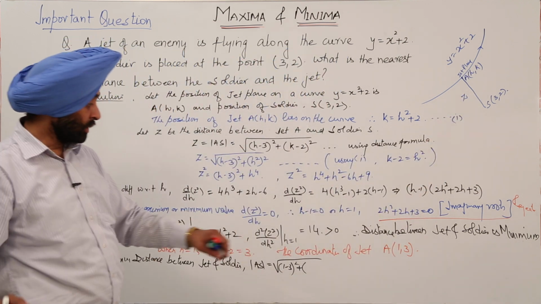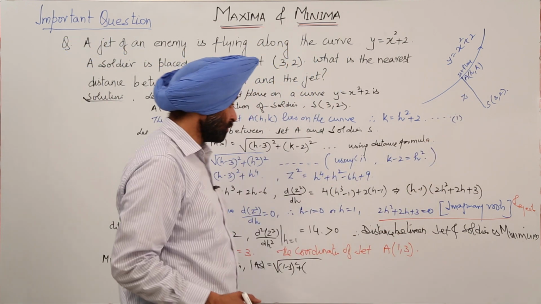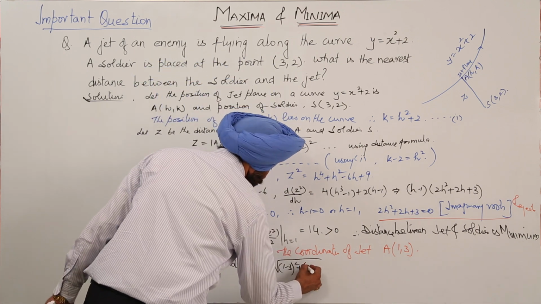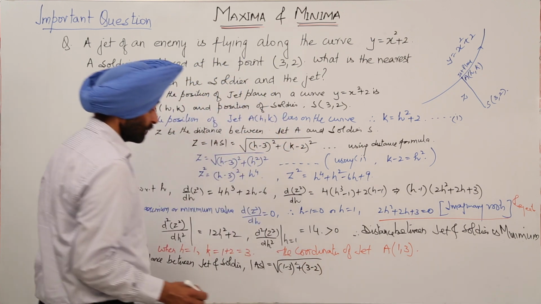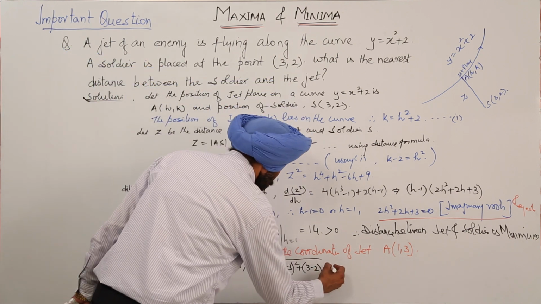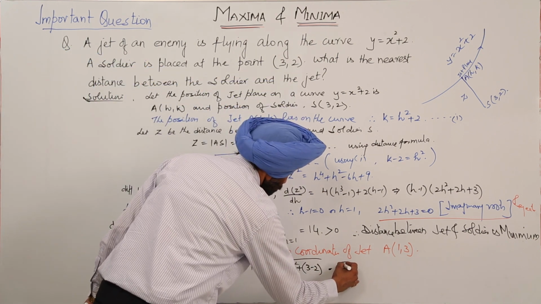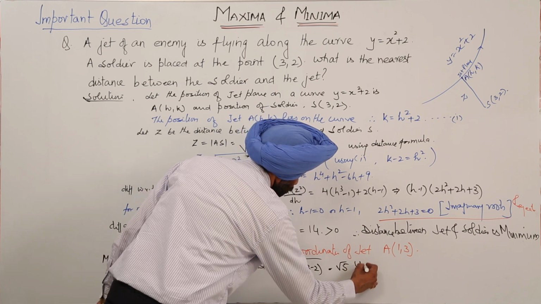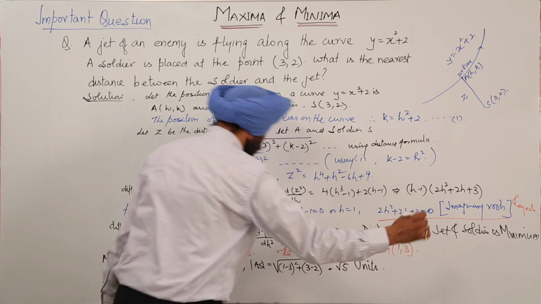Don't be confused that I am just subtracting 1 minus 3, and 3 minus 2. And on solving we get root 5 units, whatever the units are.